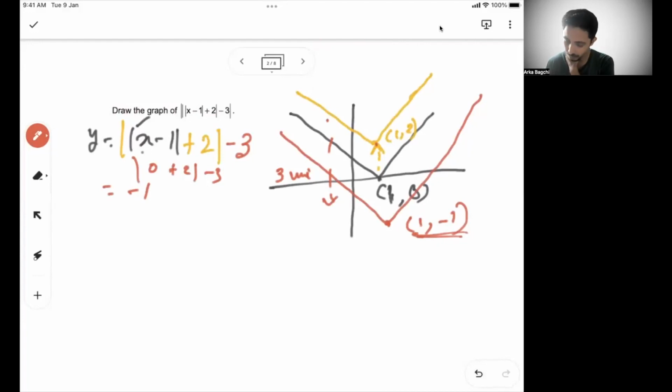Now think of this. If I put a whole mod as a cover, so that's what is given, now see what will happen. Okay.